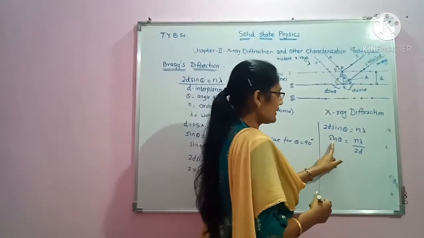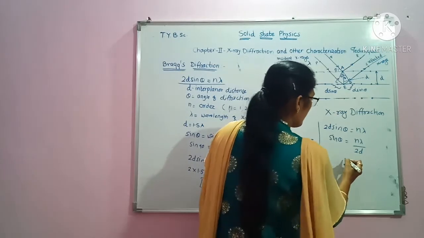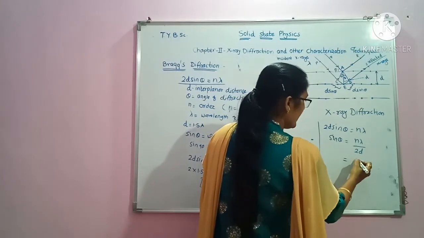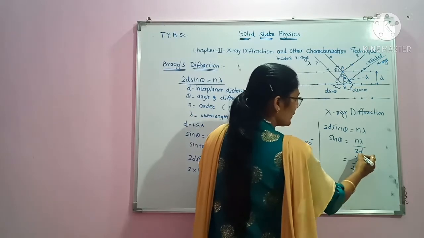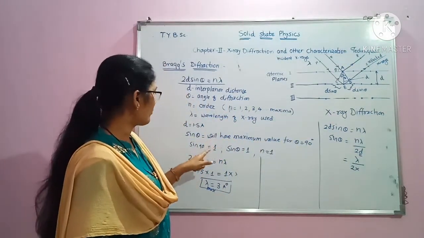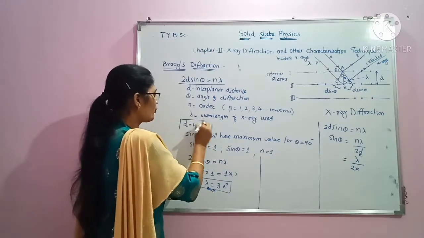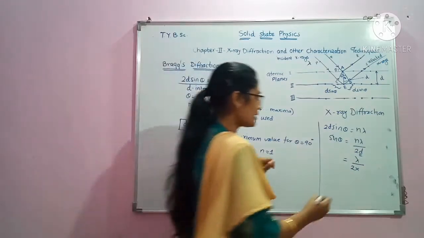For first order reflection, its value will be lambda upon 2 into 1.5 angstrom, the value of d we have considered.